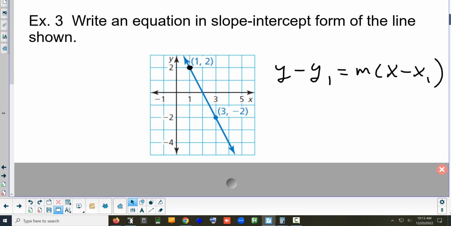So let's start from here and go to here. To get from this point to that point, do I go up or do I go down? Yep, I go down. And how many do I go down? 4. So we're going to go down 1, 2, 3, 4. So I went down 4.